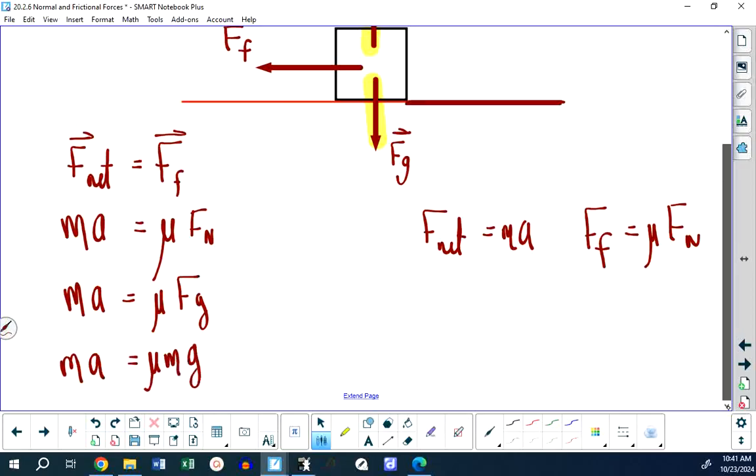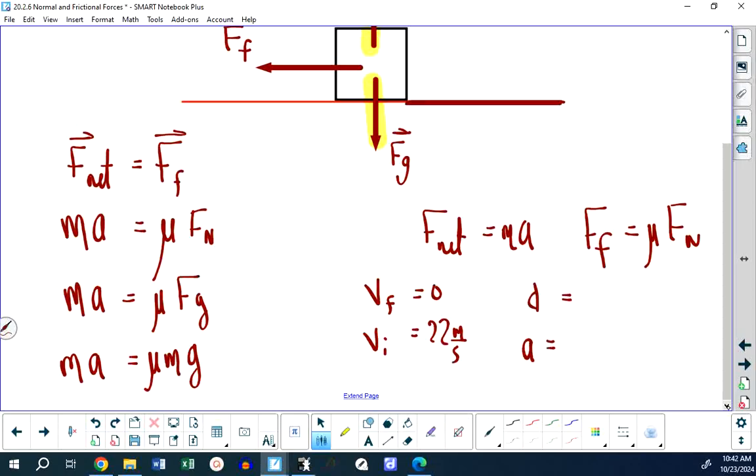And here is why you cannot confuse a with g. a is the physical acceleration of the object. g is 9.81. Why are we doing this? Because you know Vi, you know Vf, in order for you to find the distance, you need to know one other thing, which will be the acceleration.